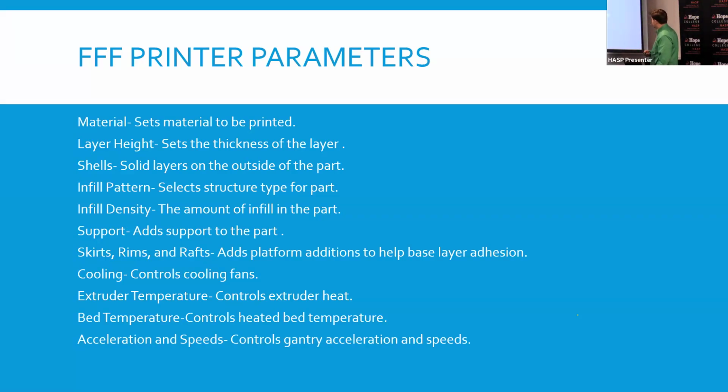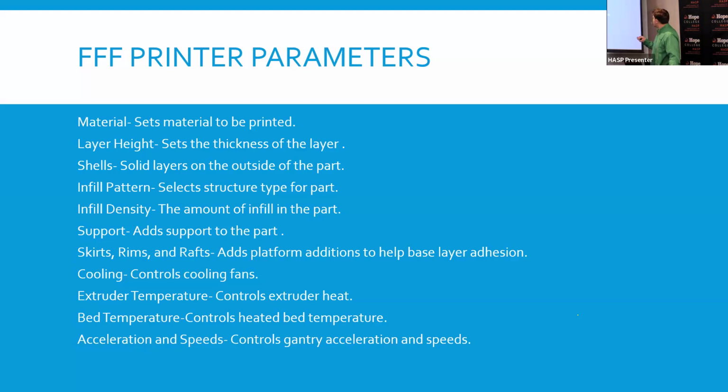So more layers is going to allow the part to be more resolute. It's going to look nicer. You're not going to have big spaces or gaps in between those layers that you create. However, it takes more time to print more layers, and more material too.